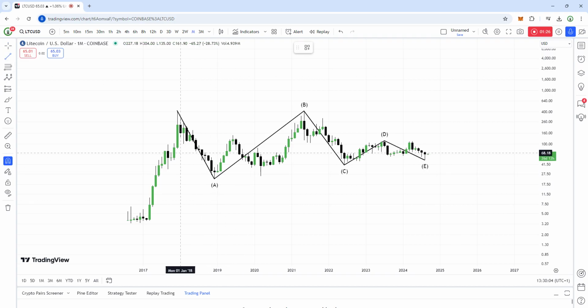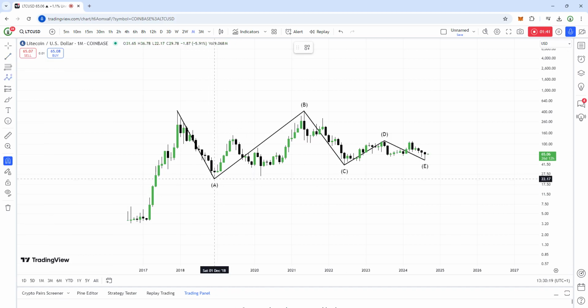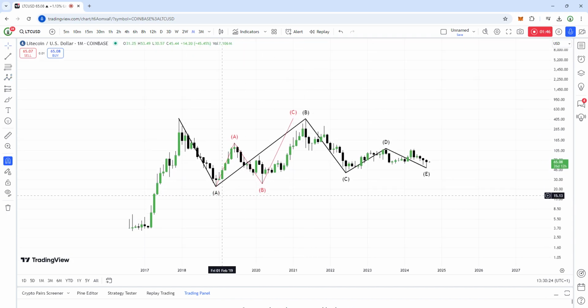It's a corrective pattern. You've had this big uptick in March 2017, and it seems to be a corrective pattern. If you have a look here, you can see that this B wave was nothing more than an ABC.